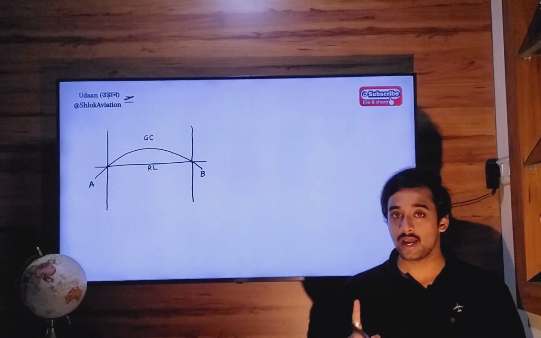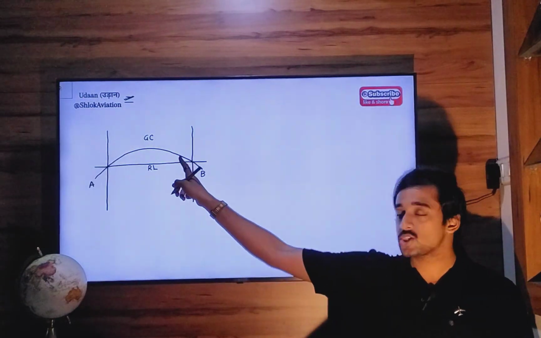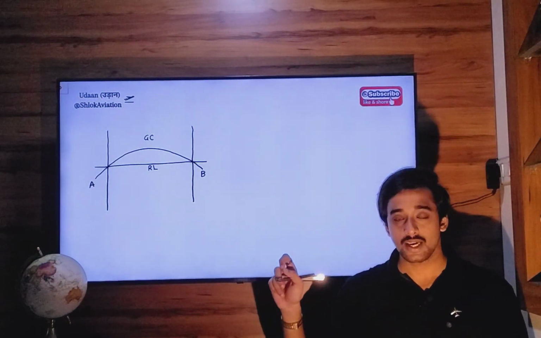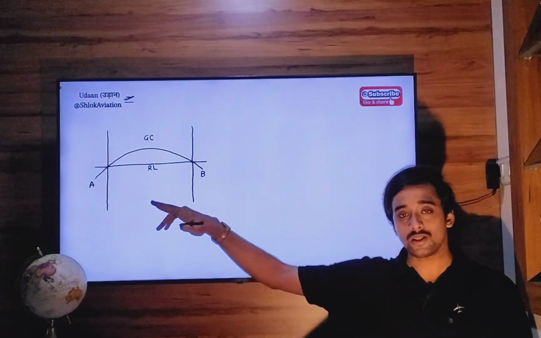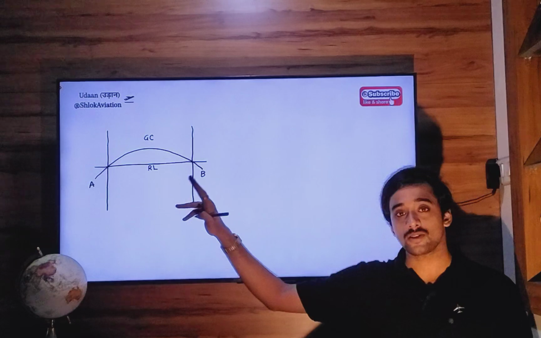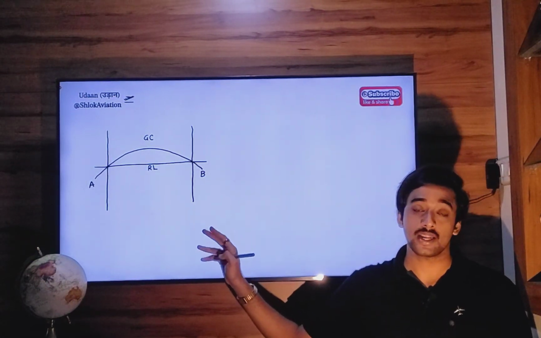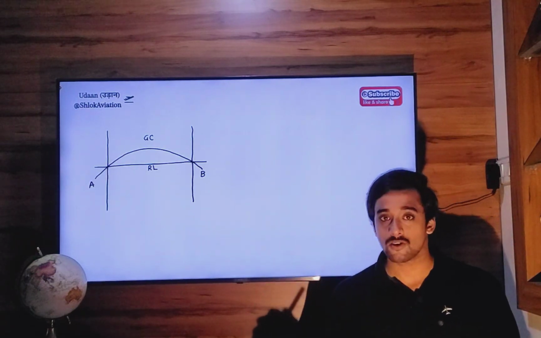Now we know that rhumb line track will have a constant direction east or west. But the direction of this great circle will change by the value of convergency as it travels from A to B. Okay, so along the journey, the direction of this flight will keep on changing until it arrives at position B. And that change will be equal to convergency.